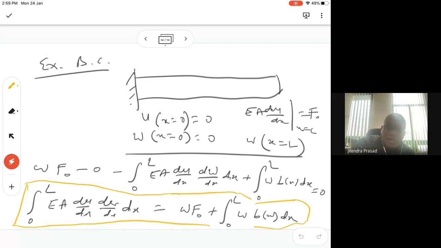Based on the method we have used, we can assume W, we can assume U, and see whether it really works, what kind of solution we get, and how to find it. When you follow the steps, you will automatically know how the approximate solution differs from the exact solution. So we will do that in the next lecture class.